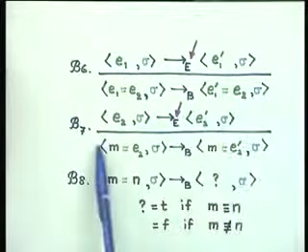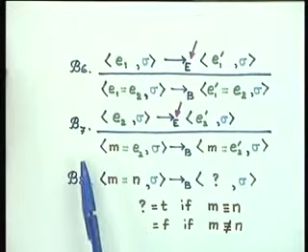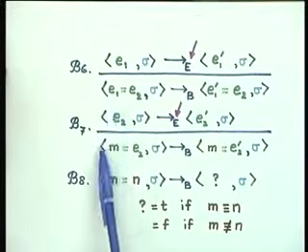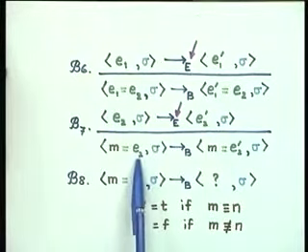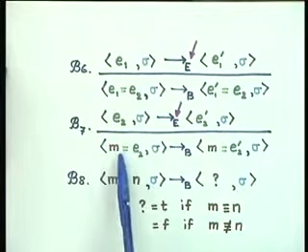The rules B6 and B7 also give you a left to right evaluation of the equality.